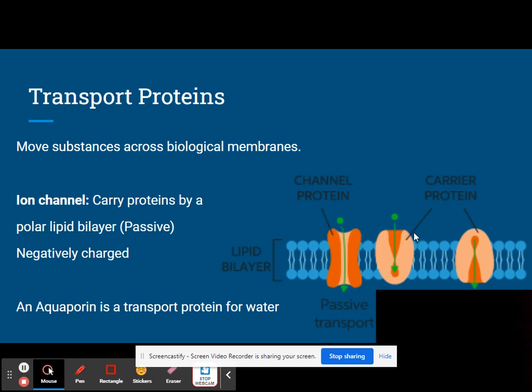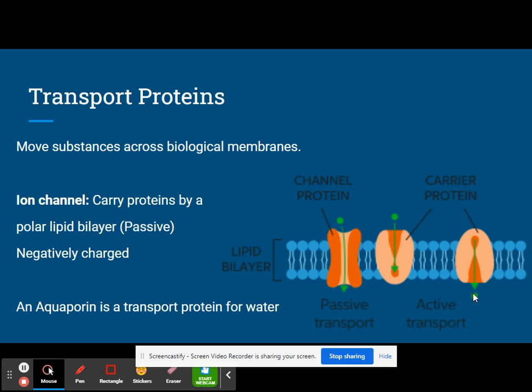However, there are other times when we want to physically move things from one side to the other. What happens in these kinds of protein channels is that the protein changes shape. You can see there's a solute here, and this protein has a shape that allows an opening on this side but is closed on the other side. We'll call this area the inside of the cell and this area the outside of the cell for now.